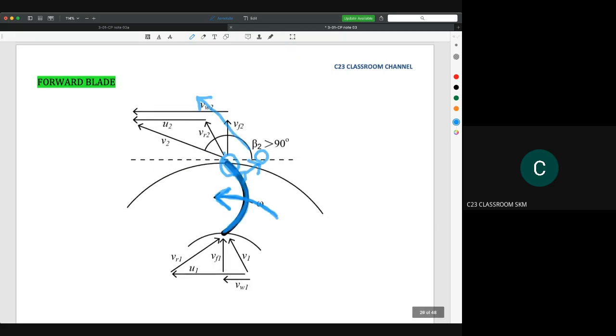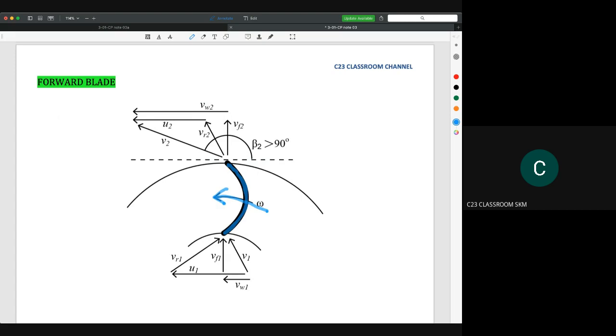Okay, so we go to the forward blade here. I would like to show how to draw the velocity triangle for the forward blade. Again, it starts from the same steps. First you draw the blade here, and then you determine the rotational speed.